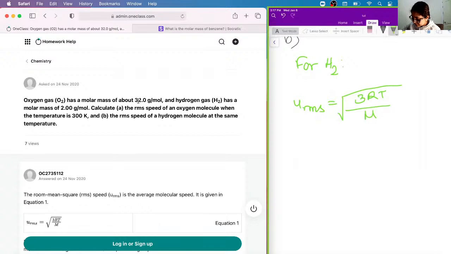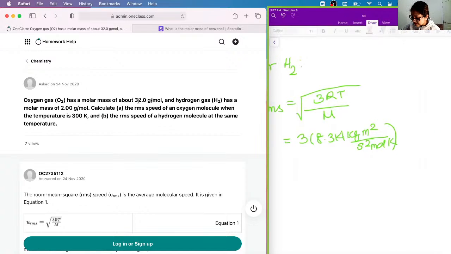And so we're going to put in the values that we know. R is 8.314 kilograms meters squared over second squared times mole, and then we have 300 K since it says at the same temperature.